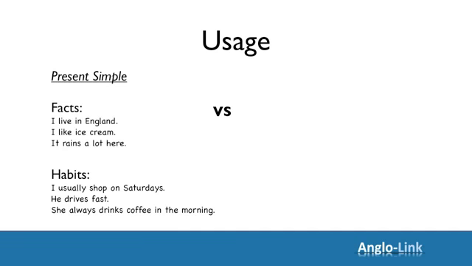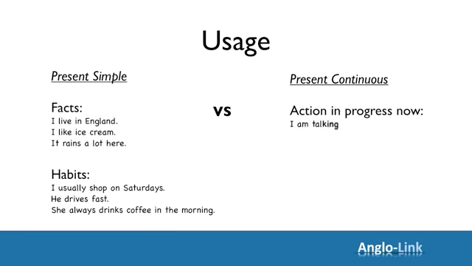Let's look at present continuous now. We use present continuous for actions in progress now, temporary situations, things that are happening now and will stop at some point. Let's look at the examples. I'm talking to you. How about you? What are you doing now?